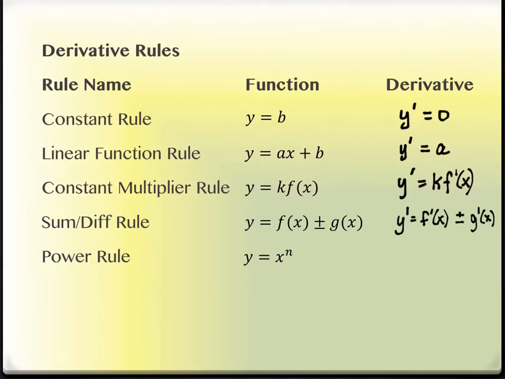And then we add or subtract them together, however they were compiled to begin with. How about the power rule? In x to the n minus 1. Yeah? Good deal.